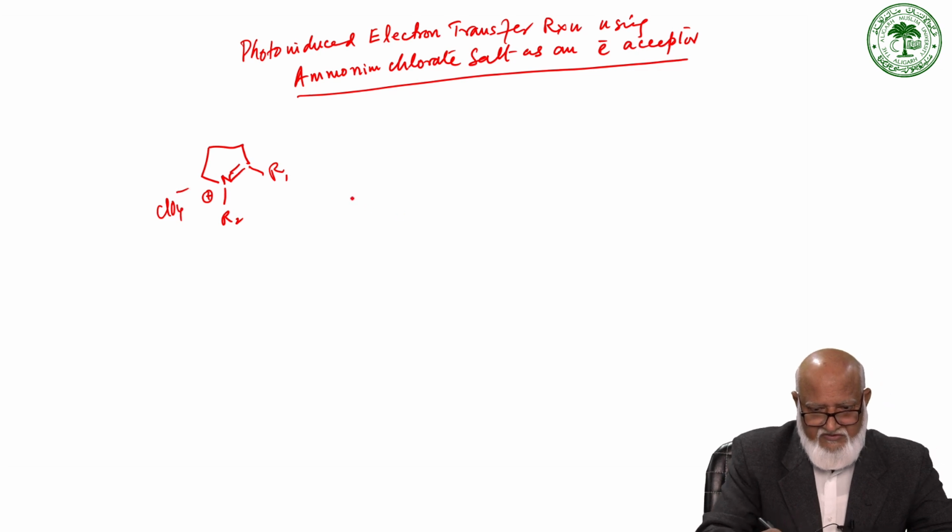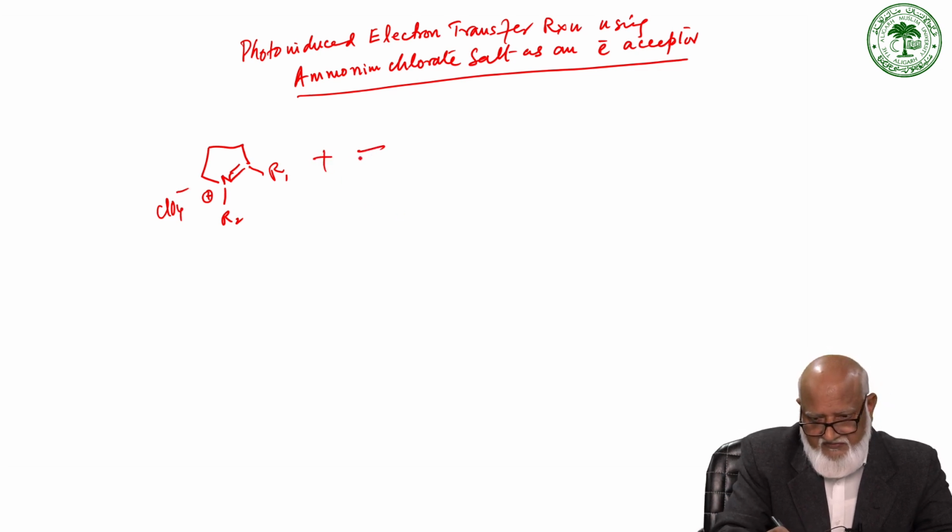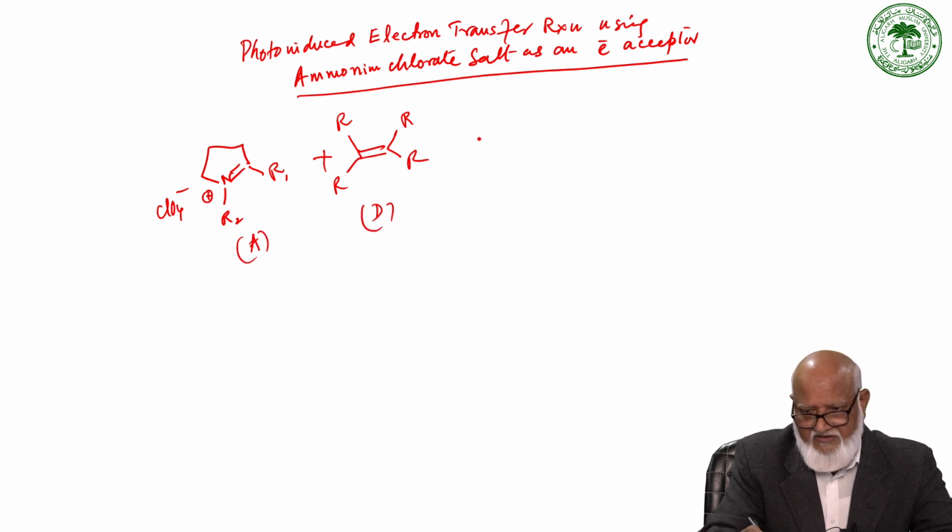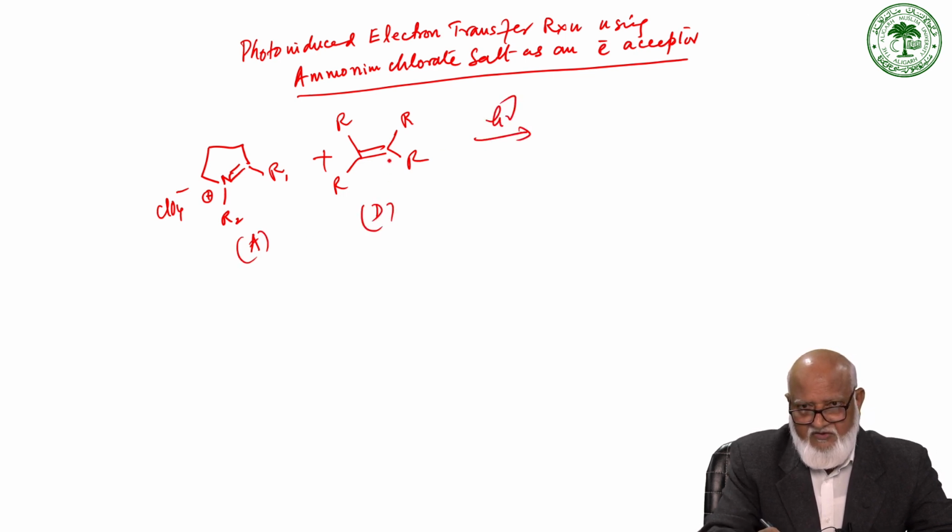This is a tri-substituted alkene, which is acting as an electron donor, and the ammonium salt is acting as an electron acceptor. In the presence of light, there is an electron transfer from the alkene to this ammonium salt, giving rise to a carbon center radical, because the positive charge gets compensated.